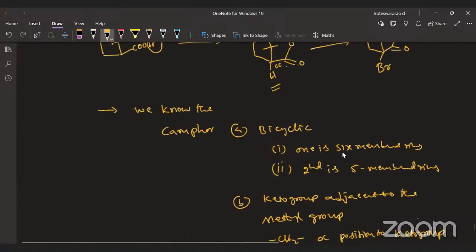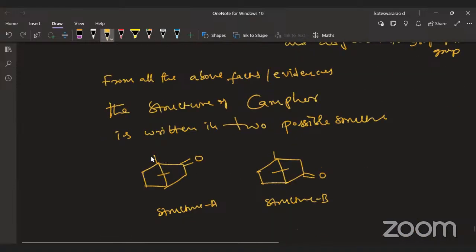The first one has a 6-member ring and a 5-member ring. This is the 6-member ring, and another one is the 5-member ring.